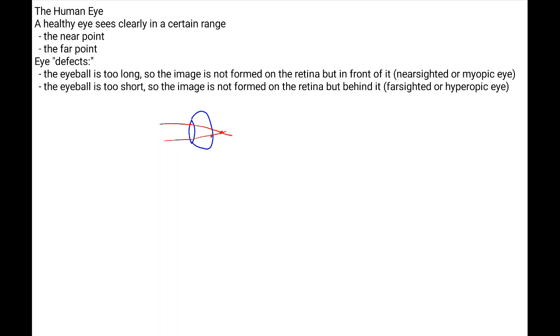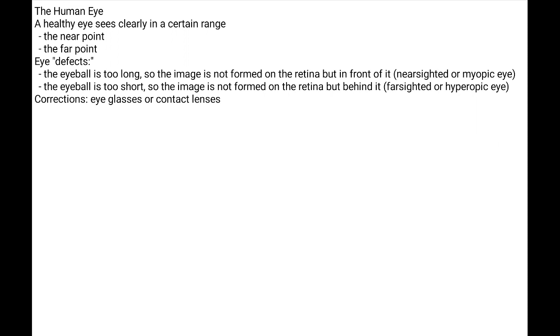Those kinds of things can also happen. Also, the older you get, the more rigid this lens becomes, so you can't stretch it or compress it as much anymore. So there are multiple defects, but it's commonly thought of as the eyeball being too long or too short when you're young, and that's why you have various problems.